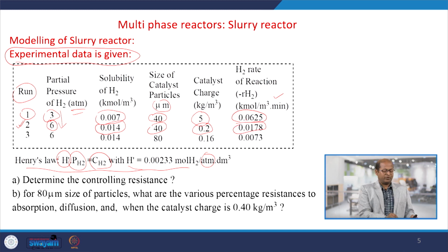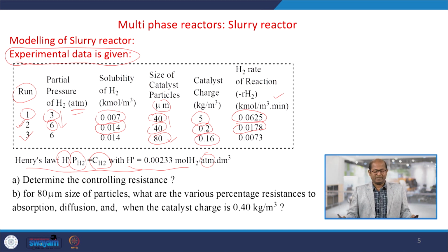Similarly, for run 3 we have taken 80 micron catalyst particles. Earlier, run 2 was 40 microns; here it is 80 micron catalyst particles, the same catalyst but a different particle size. The amount of catalyst charged inside the reactor was 0.16 kg per meter cube.